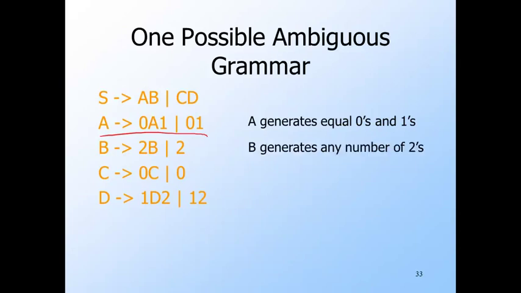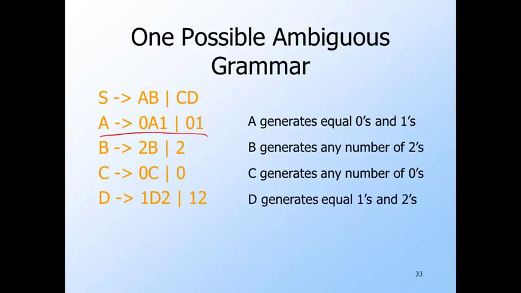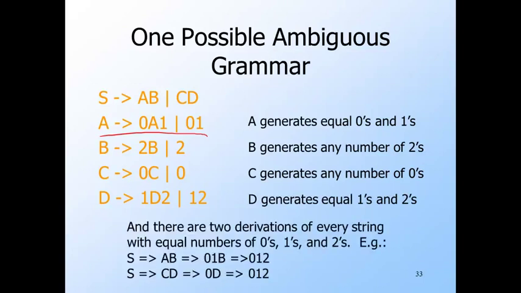And it should also be obvious that B generates any string of one or more 2's and nothing else. Likewise, C generates the strings of one or more zeros, and D generates one or more 1's followed by exactly the same number of 2's. Now, all derivations start with S, and the first production replaces it by either AB or CD.